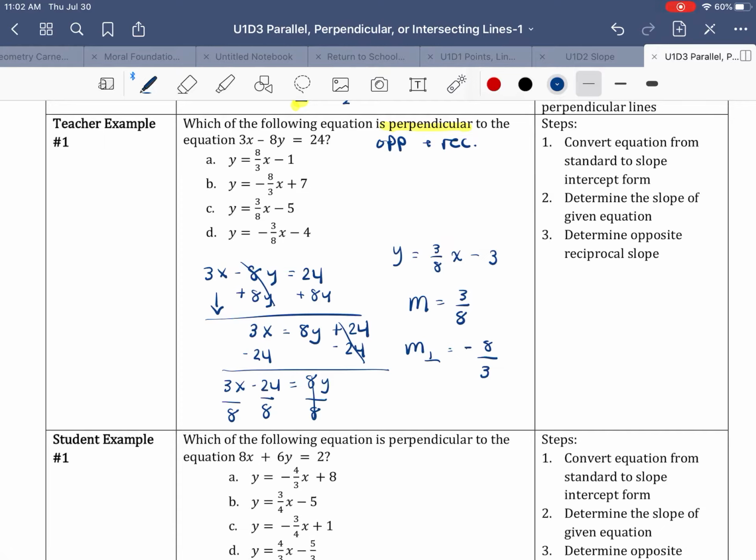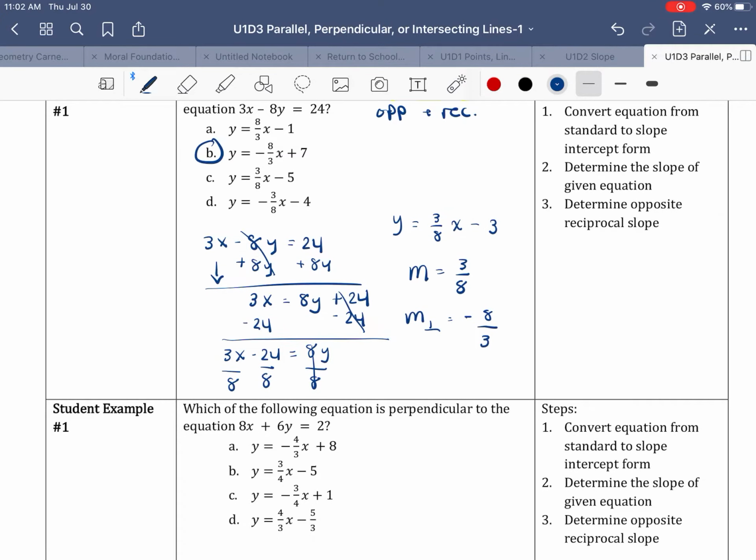So now I'm going to look at my answer choices A, B, C, and D and find the equation that has a negative 8 over 3 as the slope, which I see in B. So I know that the perpendicular equation to the one that was given to me is B. Take these steps and try your student example number 1.